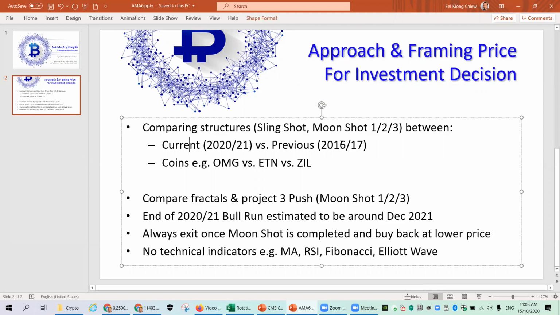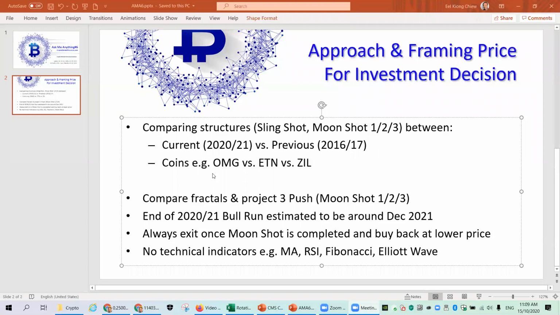Not only do we do that, we also compare against other coin structures. For example, OMG, ETN, ZIL, XRP, they all have similar structures. So we do that because most of the coins, for example, Moonshot 1 structures, Moonshot 2 structures, are fairly similar. So we do compare between coins as well as between histories or cycles.